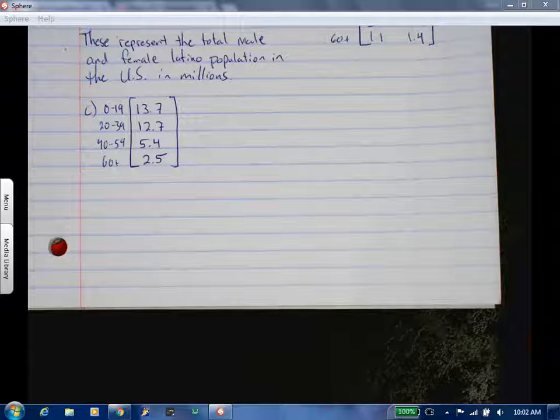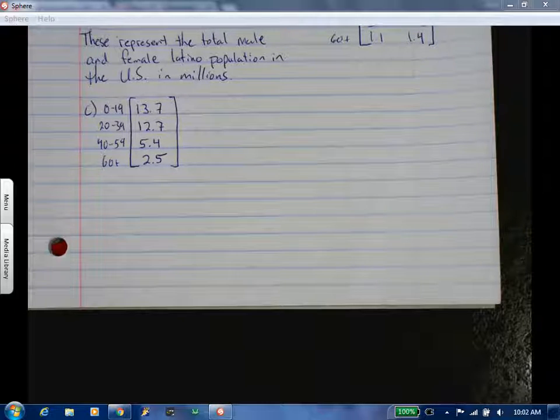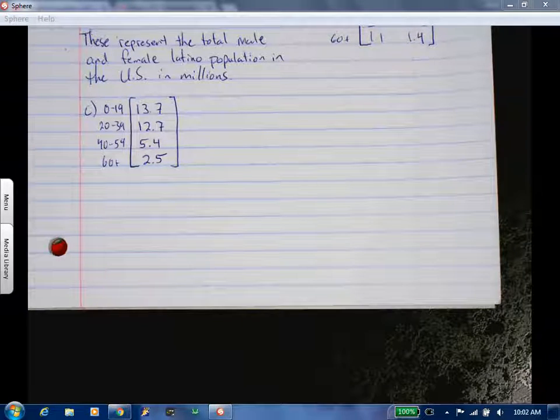So now interpreting these results, each number in each column, instead of representing the total male and female Latino populations, it's representing the total population in each age range. So you'd write something like these numbers represent in millions the total Latino population in each age range in the U.S.